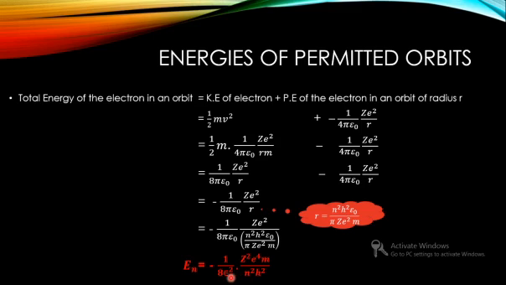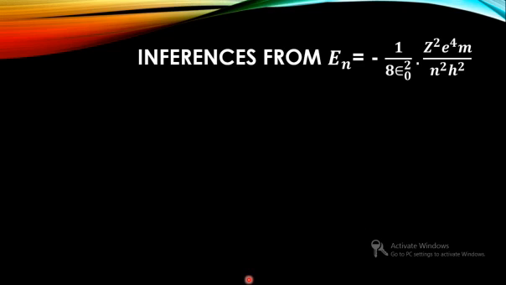So here also you can see that Z is a constant, which is the atomic number, the number of protons in the nucleus. E is the charge of the electron, m is the mass of the electron, h is Planck's constant. So everything else is constant except the number of the orbit. So what is the inference we can make from the expression for energy?